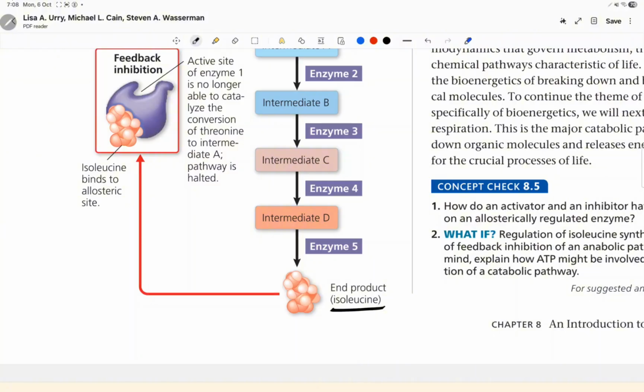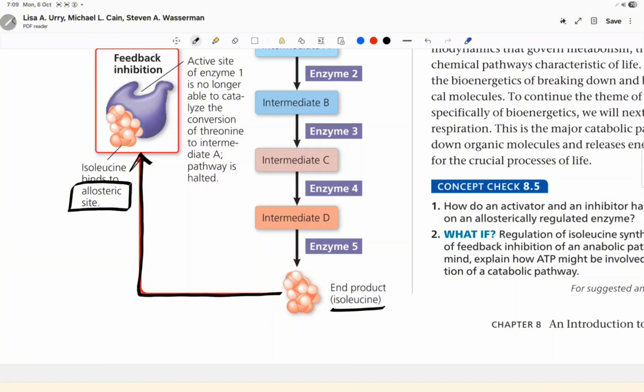No. So now the isoleucine itself, which is the end product, will go and bind to the enzyme, to its allosteric site, and it will tell it to stop working. If you want to stop making something, that end product itself has to go and bind to the allosteric site to shut down the entire process.